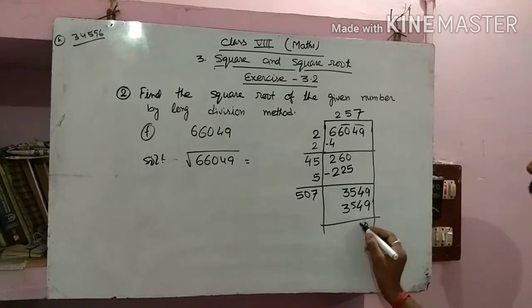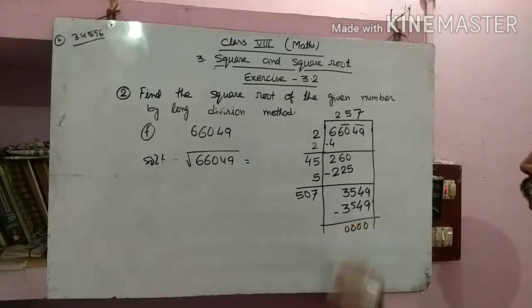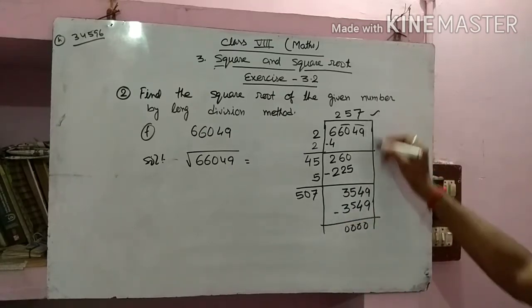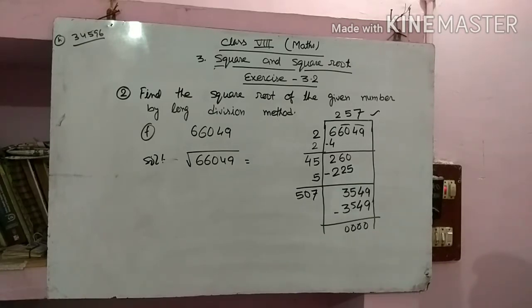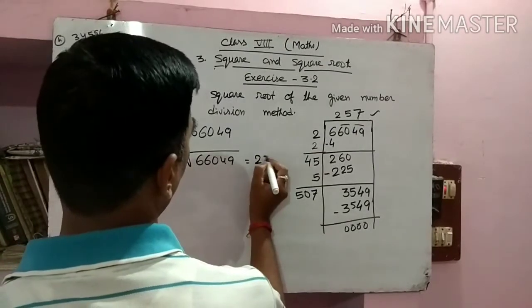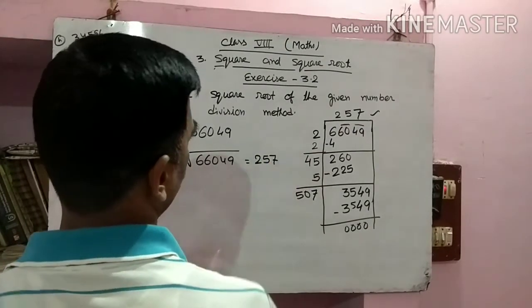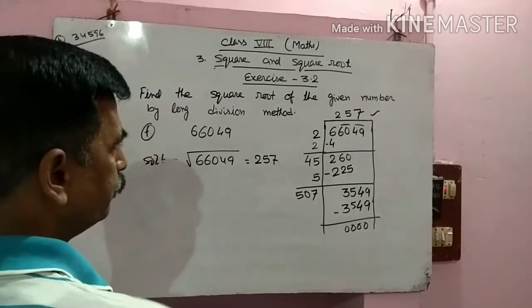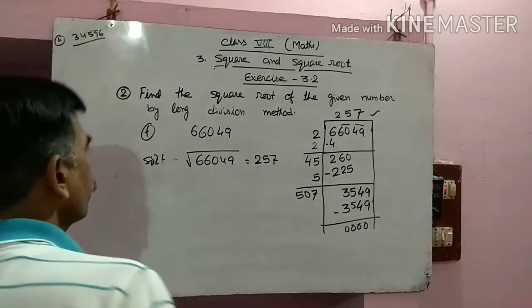Finally, what will we get? The remainder will be 0. It means this is a perfect square. So the square root of the given number is 257. Okay, so write this one.